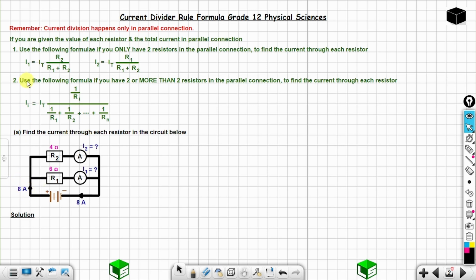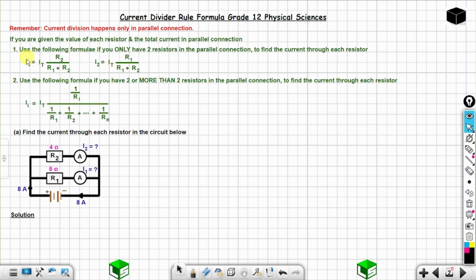You can use this formula because you have 2 resistors in parallel. You can also use this formula because you have 2 resistors in parallel. This one can work when you have 2, 3, 4, 5, and so on. So let's use this formula.